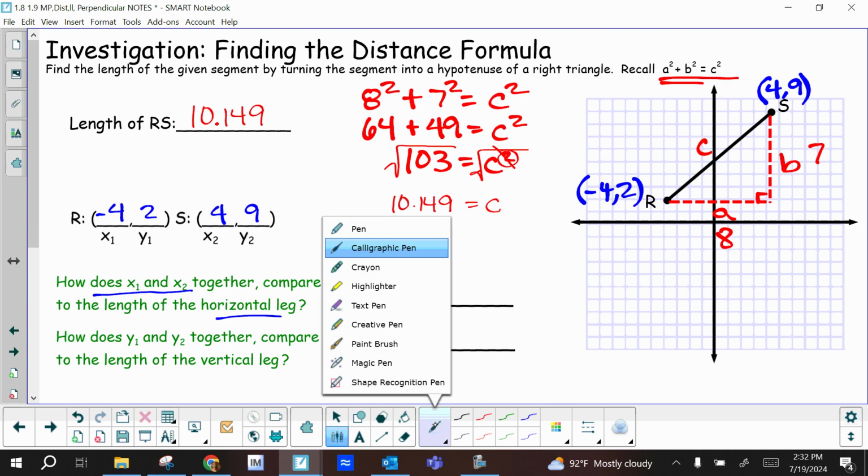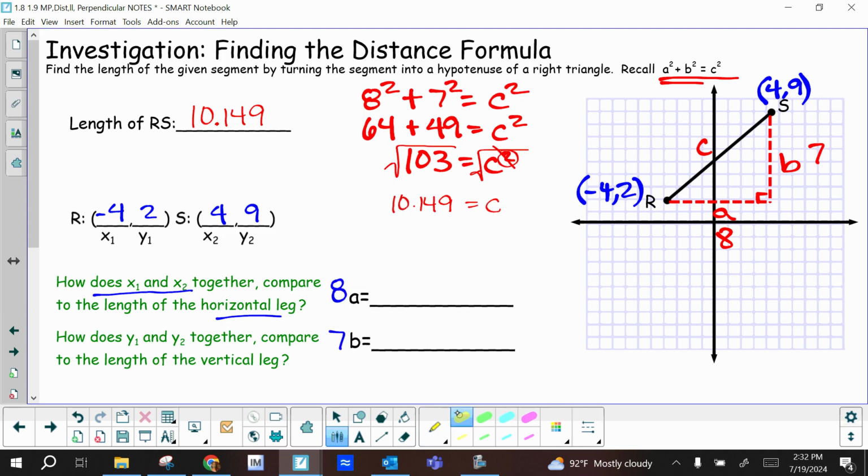So now I'm going to highlight here X1 and X2. How does that compare to the horizontal leg? Okay, let's also take a look at Y1 and Y2. How does that compare to that one?